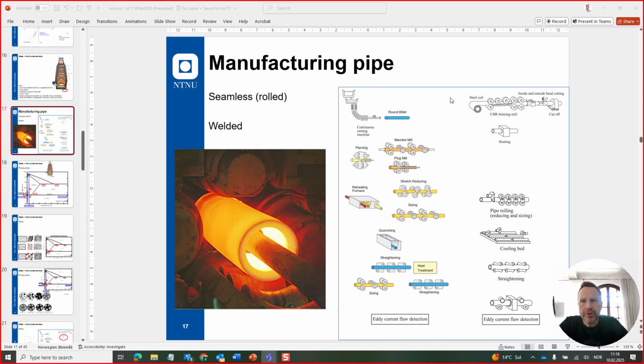And typically how these are made is welded, of course, like the process on the right, where there originally was a coil and then welded. But what is special about line pipe is that very often it is spooled into a huge drum.